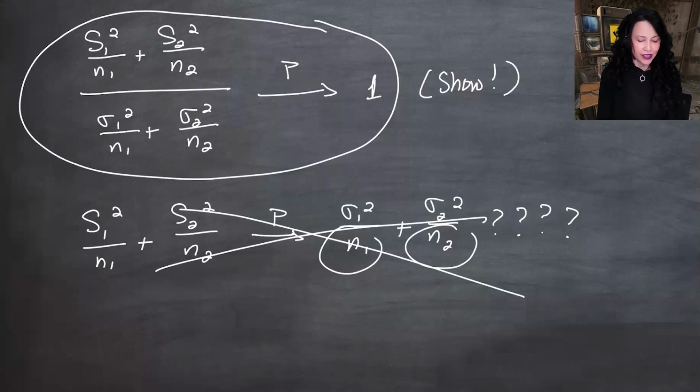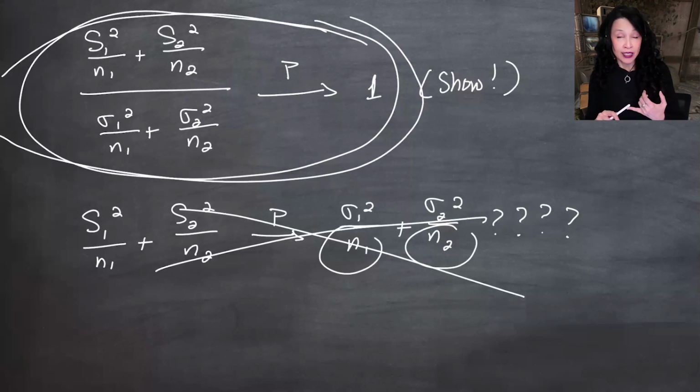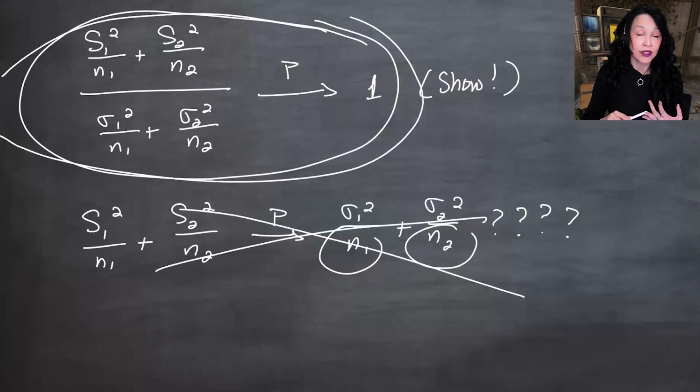So to finish this off, let me give you a big hint on how to show this is converging in probability. I would use that theorem we had that said that if you have theta n hat as an unbiased estimator of theta, and the variance of theta n hat goes to 0 as n goes to infinity, in this case as n1 and n2 go to infinity, then your theta n hat is converging in probability to theta.